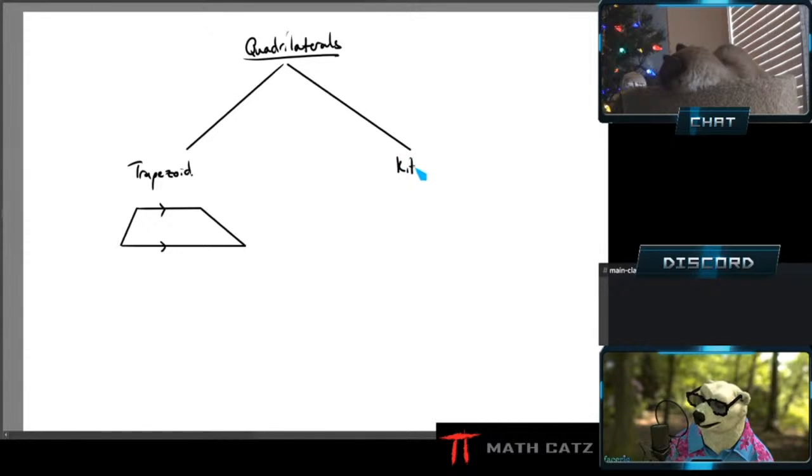Well, instead of focusing on opposite sides, we can focus on opposite angles. That's a little bit vague, unfortunately, to get us anywhere close. So they decided on what we call a kite, which has two adjacent sides the same length, like that.